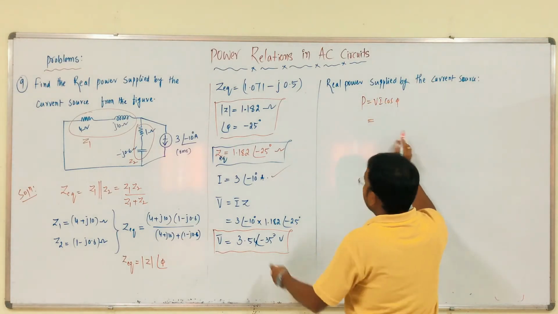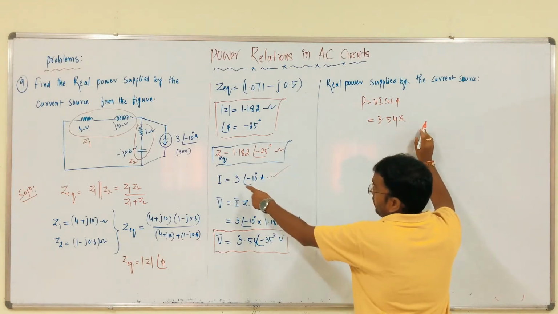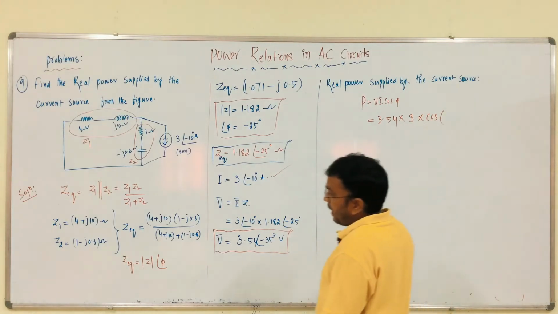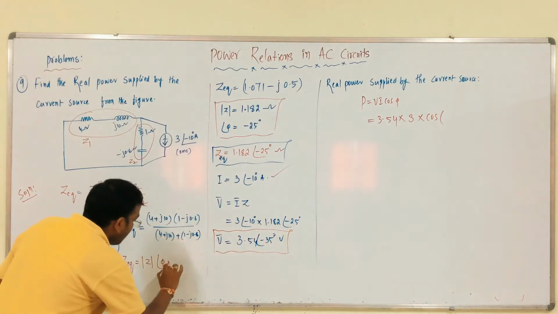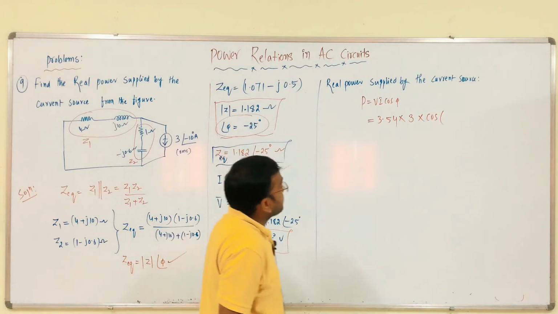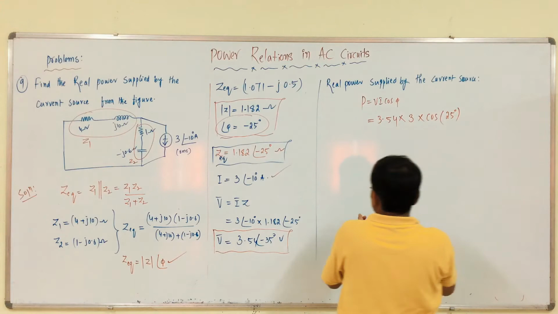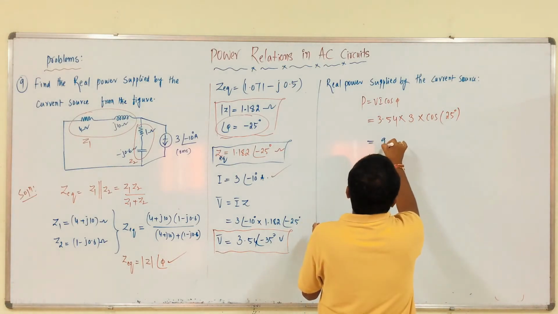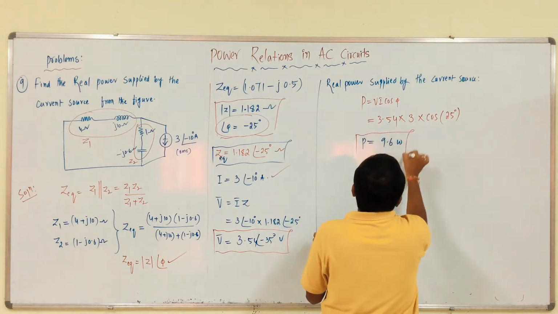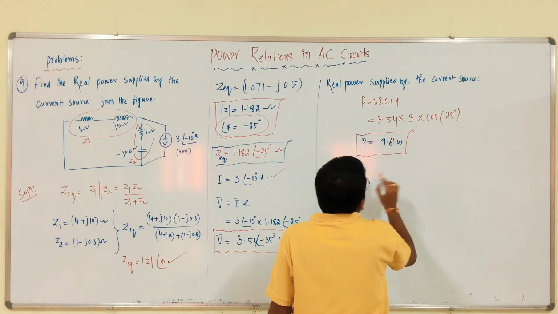What is the value of V? 3.54 into, what is the value of current? 3 into cos of the angle, cos of this phi, cos of 25 degrees. What is this answer? We can get the answer P is equal to 9.61 watts.